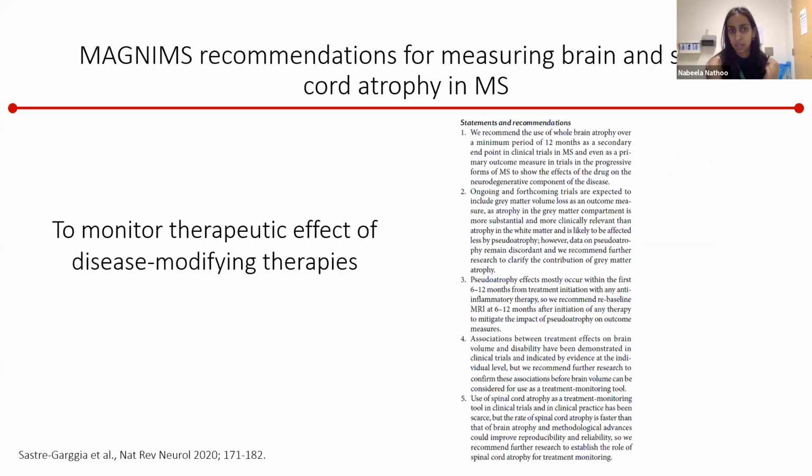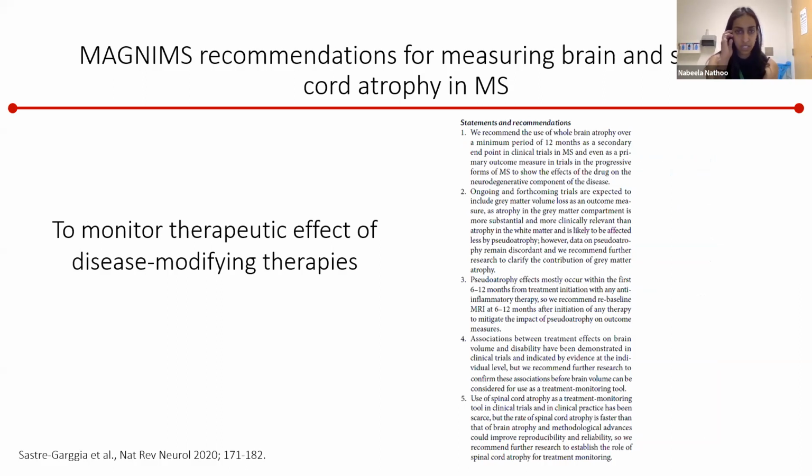And then for monitoring the response to disease modifying treatment, the recommendation is to look at whole brain atrophy over 12 months as a secondary endpoint in clinical trials. And then to continue to incorporate measuring of gray matter volume in clinical trials.